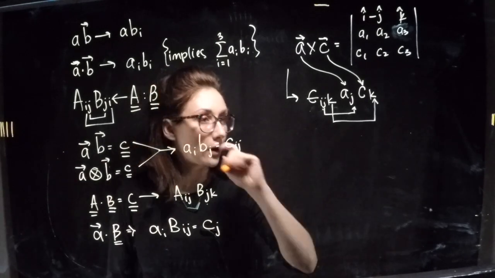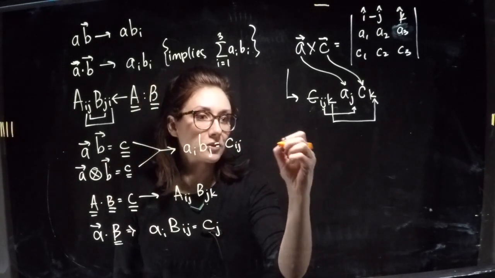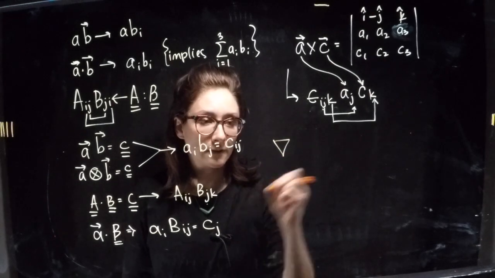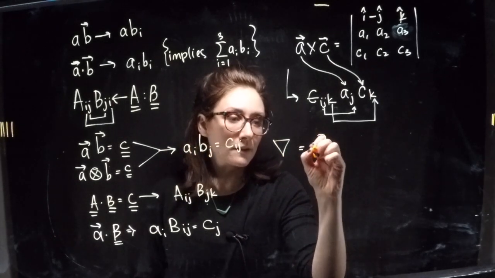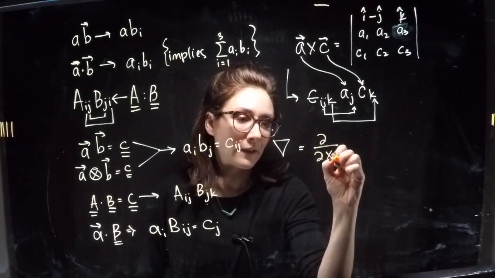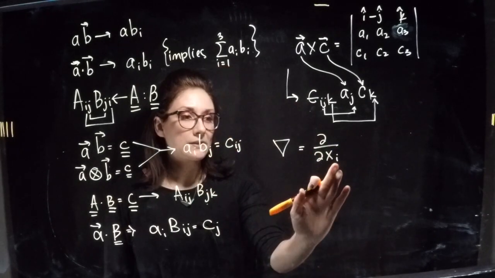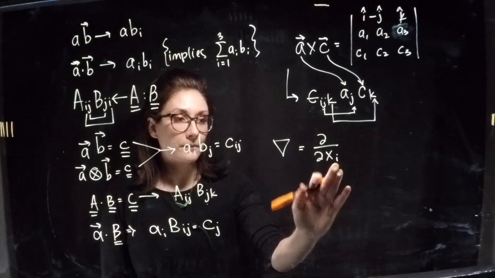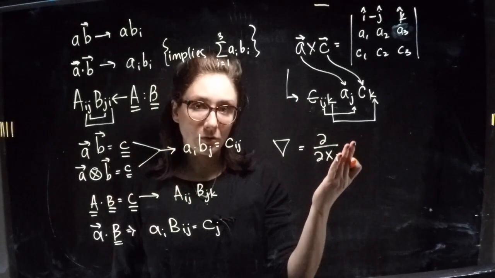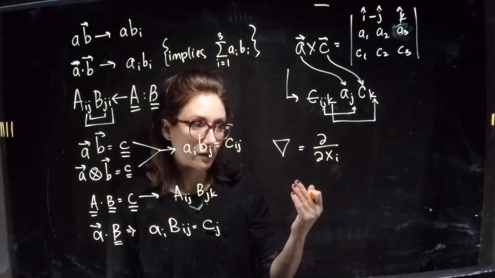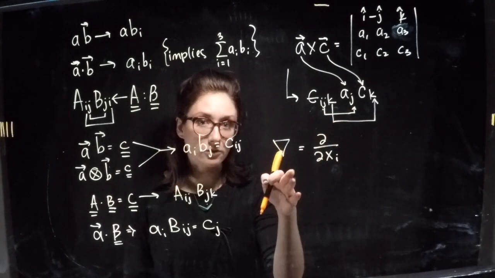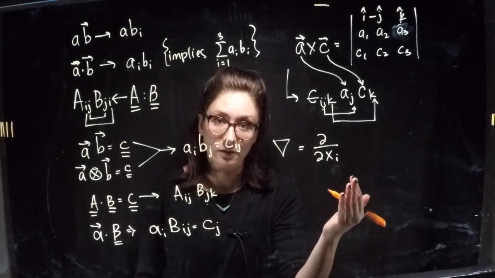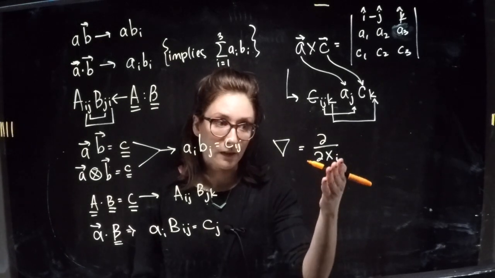Let's do a few calculus-related operations. So the gradient is written as partial partial x_i. So this is something that will increase the rank of whatever you're acting upon. So if you take the gradient of a scalar, for example, you get a vector as your result.